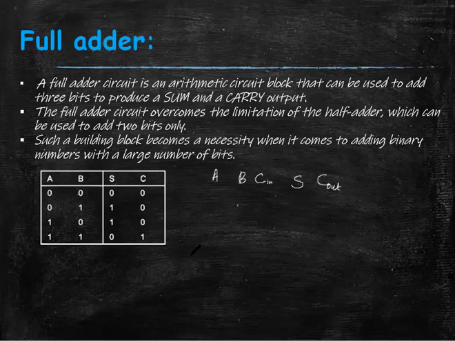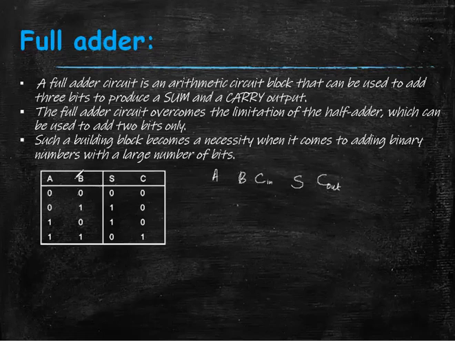When adding 3 bits, the variable A can have 2 values, 0 and 1. Similarly, B can also have 2 values, and in the similar way C in can also have 2 values.